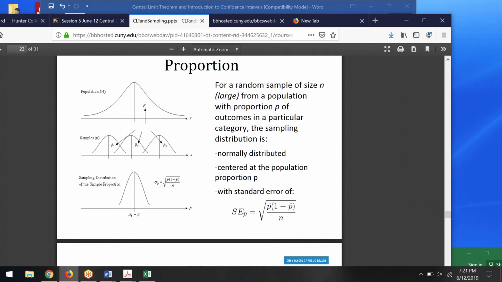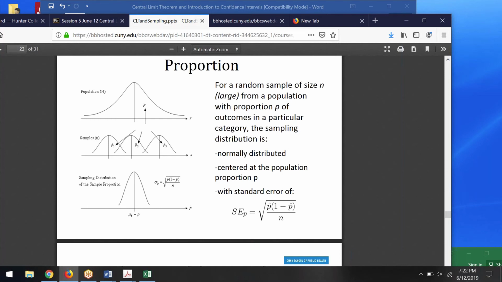Now, you can do the same thing with a proportion. Let's say that we have a population where the percentage of left-handers is 30%, right? So if I randomly sampled one person from this population, the probability that I would get someone who is left-handed is 30%.